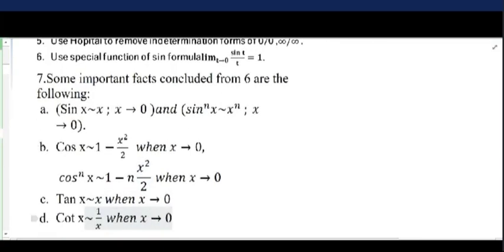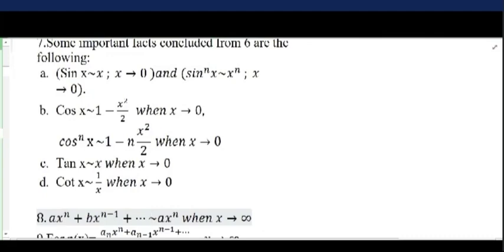And also for tangent x, whenever x approaching 0 we can say tangent x is equivalent to x.